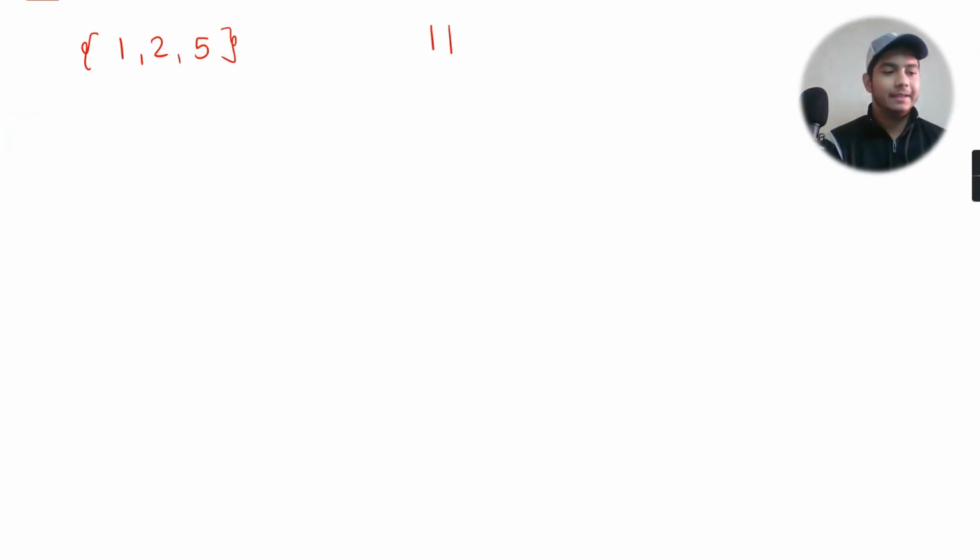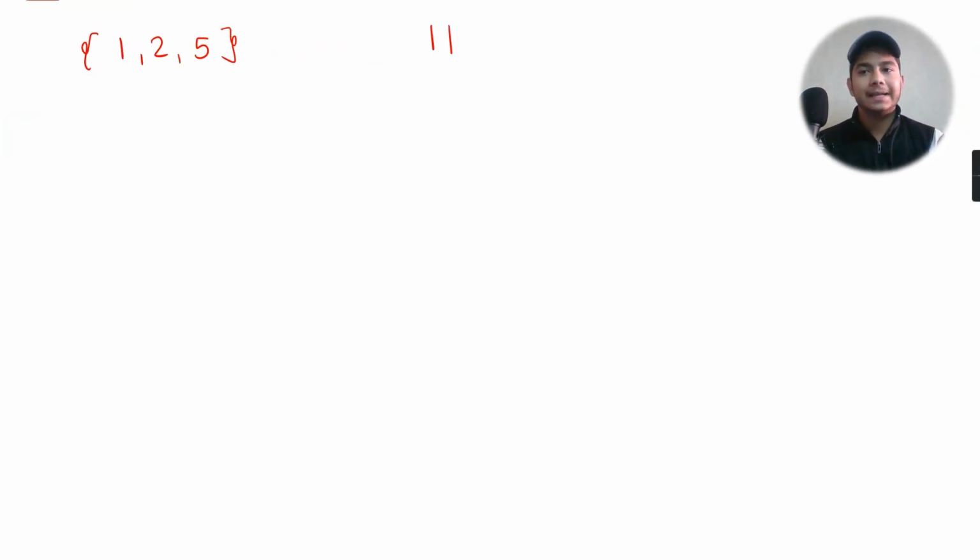Suppose we take the same example. We have 11 as the final sum, right? Let me make an array. We have 1, 2 and 5 in our array, and the final sum that we want is 11, right?